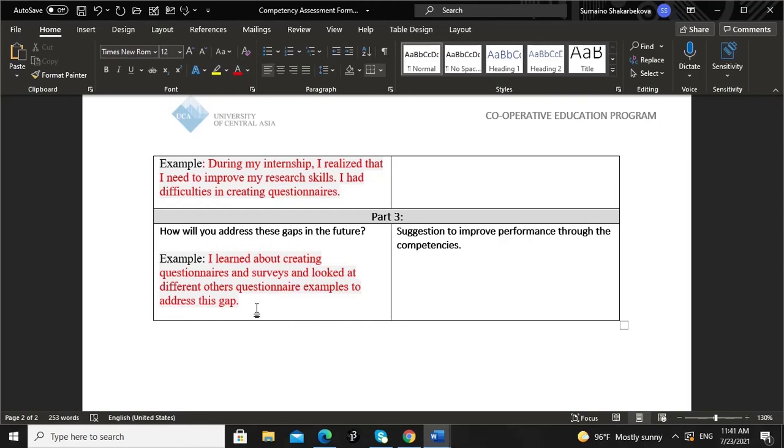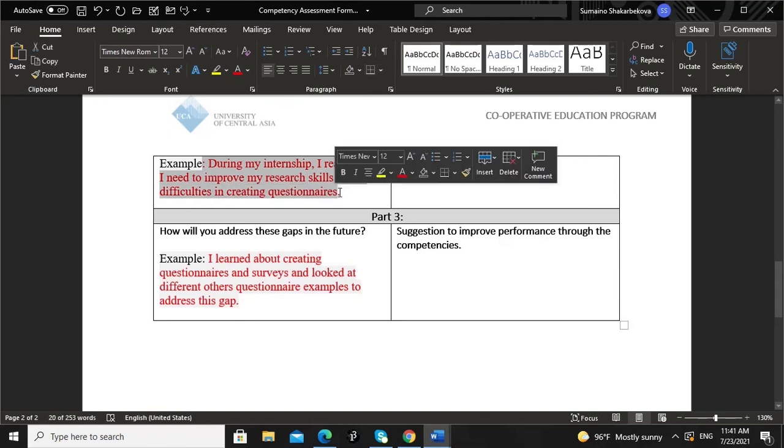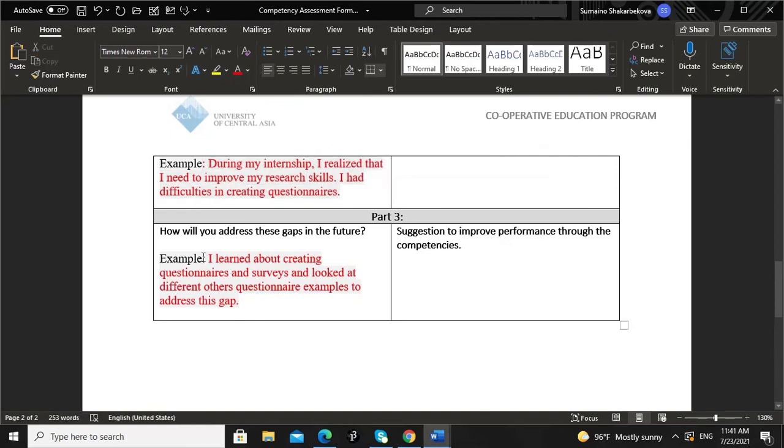I'm recommending that if students have this kind of gap in their internship place, they should ask for help from those who already have worked in this sphere, or look at similar documents and assignments that were previously done. So this is my recommendation for the competency gap that I wrote in part two.